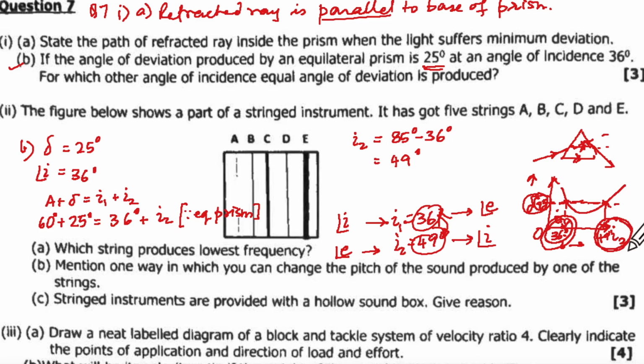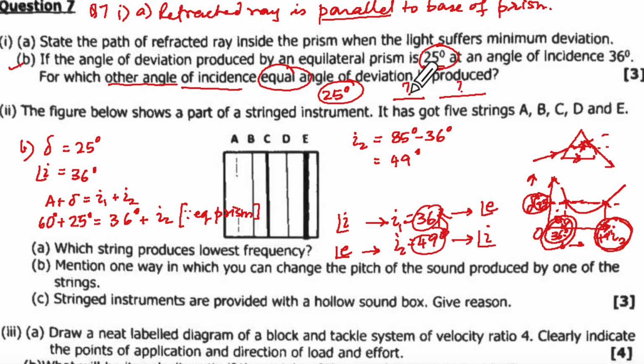Understanding? Yes, ma'am. So now they are saying if the angle of deviation produced by the equilateral prism is 25 degrees and angle of incidence is 36 degrees, then for which other angle of incidence is equal angle of deviation produced? That means 25 degrees deviation will be for which two angles?